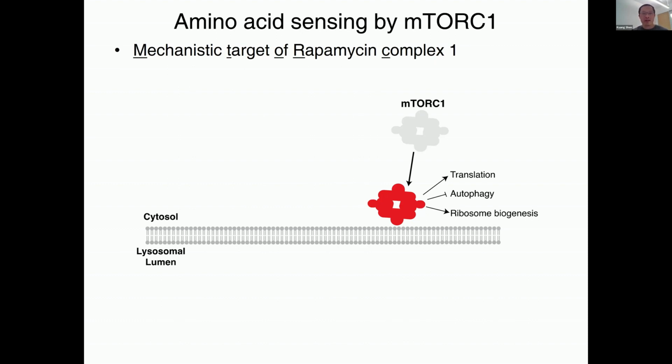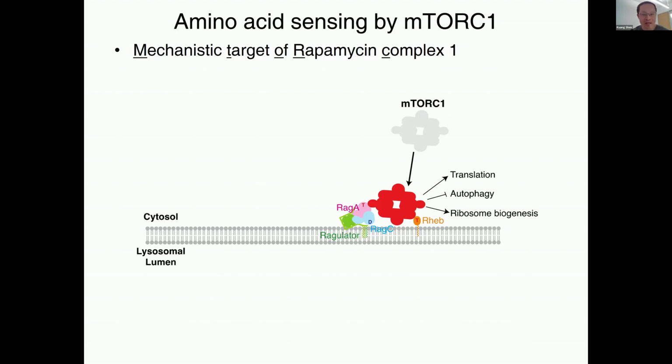Then how does mTORC1 get turned on? There are two GTPase units that are regulating this process. The first one is the Rag GTPase heterodimer, which we'll be talking about today. So the Rag GTPase heterodimer consists of two subunits, RagA tightly bound to RagC, and it responds to amino acid signal. So in the presence of amino acid, the Rag GTPase will recruit mTORC1 from the cytosol to the lysosome surface to complete this translocation.